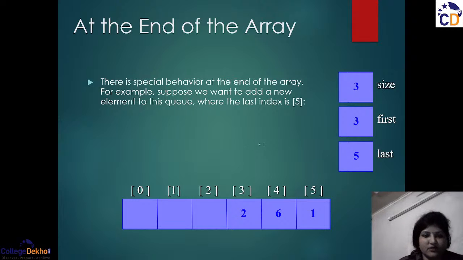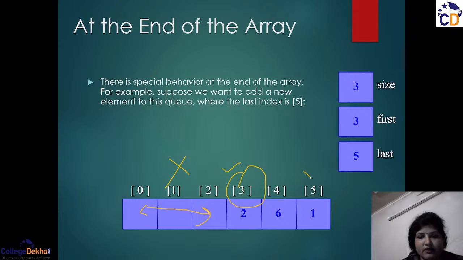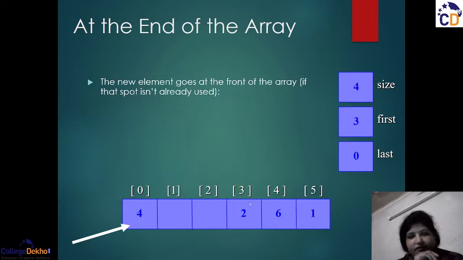And your first index would be 3, because we don't have any element in this particular part, so these indexes are not used. We are going to use A3 as the first element and A5 as the last element. What is the size? There are 3 elements, so the size would be 3, and the last index of the array would be A5.